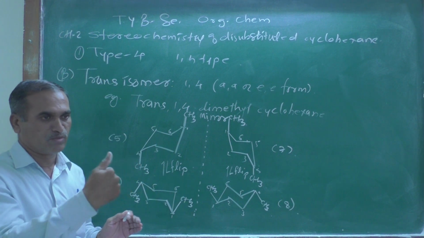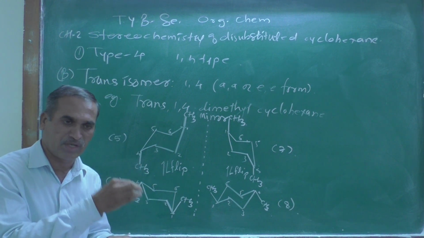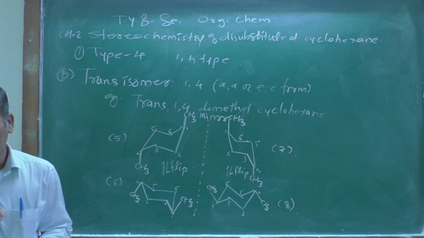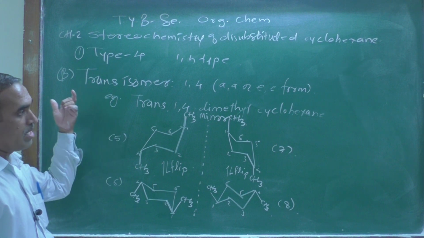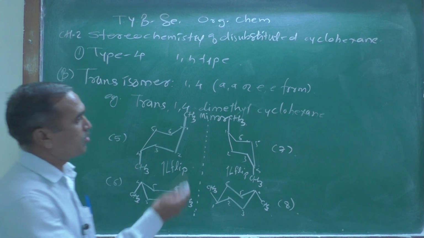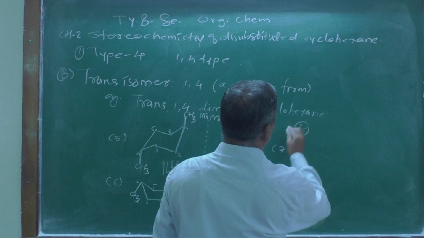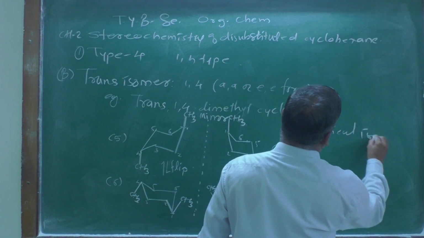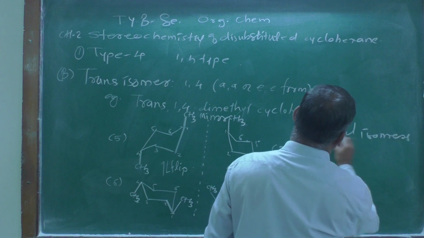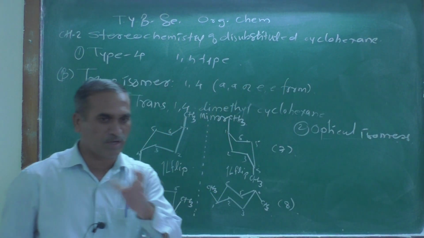In this pattern we are studying this chapter, and we are at the end of it, right? Geometrical isomerism we have done. Now the second point, we are finding the optical isomers. Optical isomers, what do you see? What is your opinion?